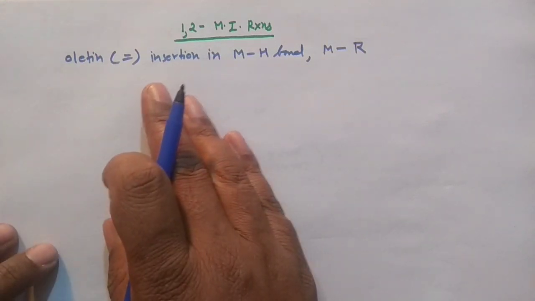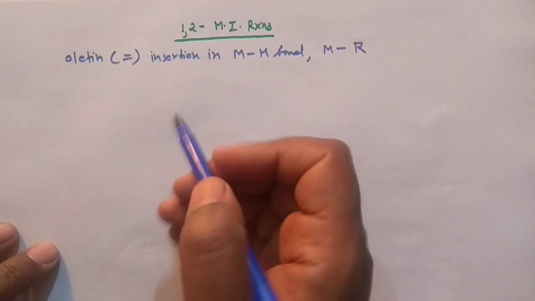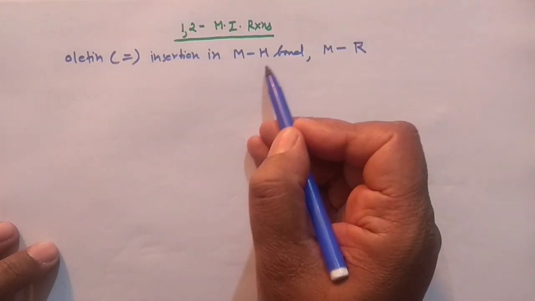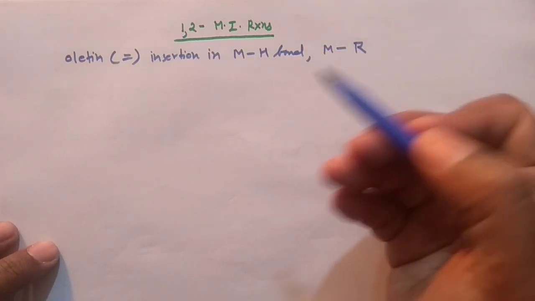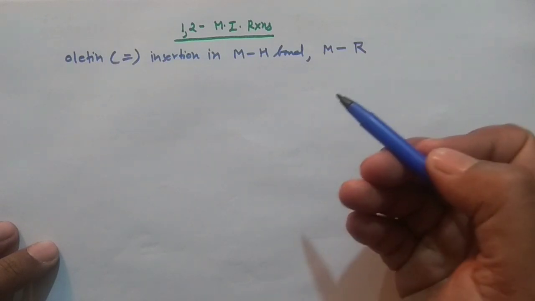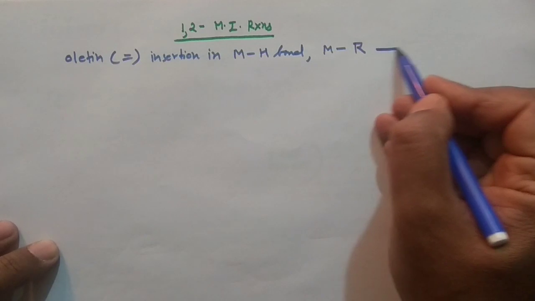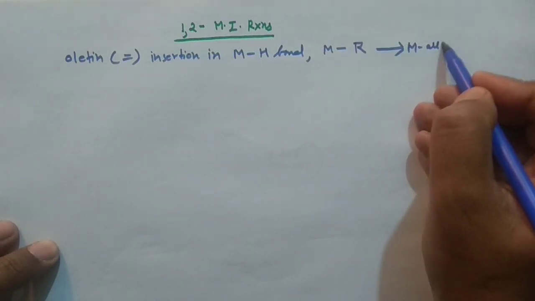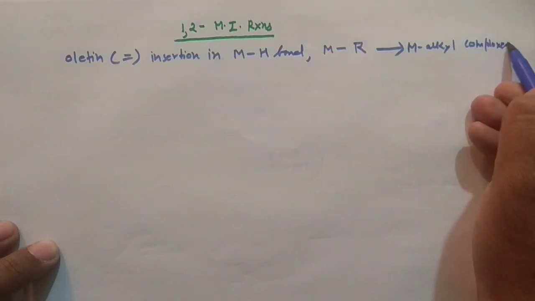So this reaction is very important when you do polymerization. If H is here, it will migrate to the beta carbon. If R is there, then it will also migrate to the beta carbon, and it will result in the metal alkyl complex. When this insertion occurs, you will have metal alkyl complexes. This is important, right?